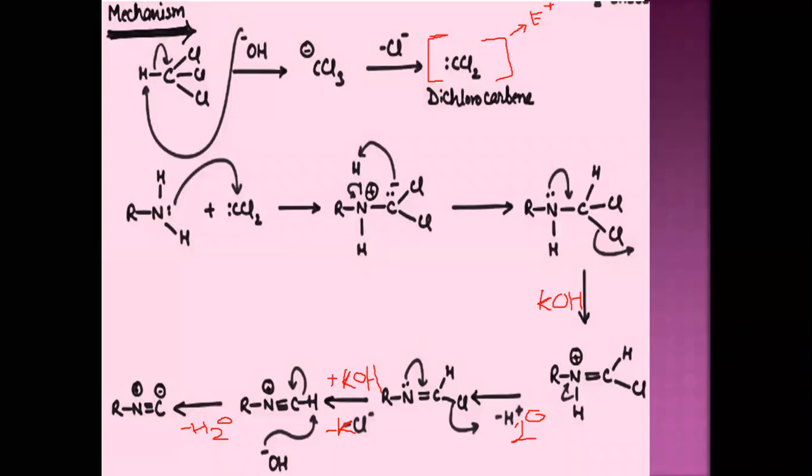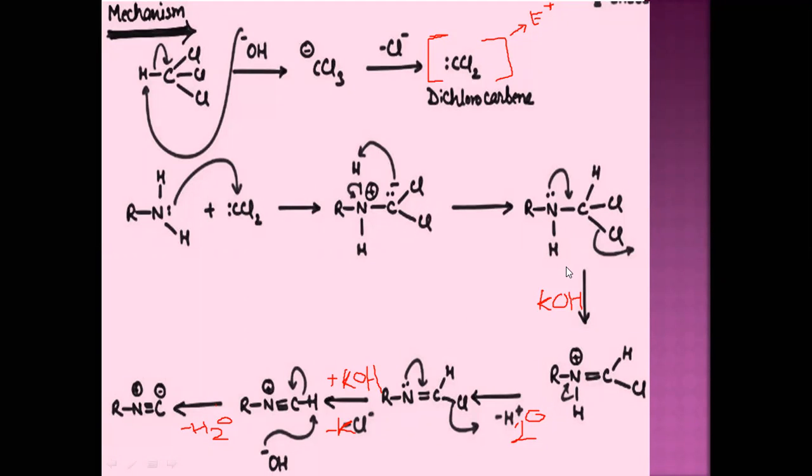Understood, students? I repeat one more time. In the first step, this chloroform reacts with the alcoholic solution of KOH. It acts as a base to abstract this acidic proton, and we get this negatively charged carbon species. Then the Cl group is removed from here, and we get this dichlorocarbene. Dichlorocarbene reacts with the amine, where a lone pair is present. The lone pair containing nitrogen atom attacks this dichlorocarbene carbon atom, and we get this species.